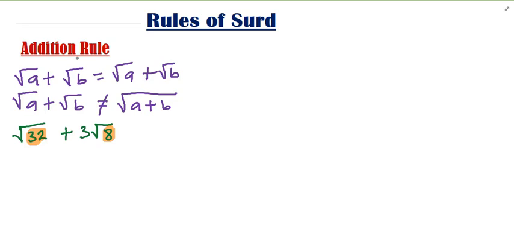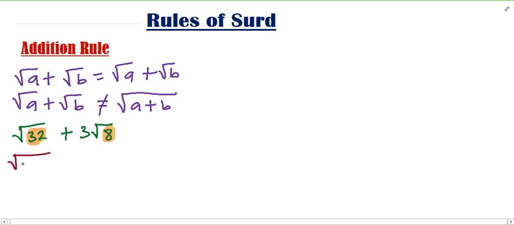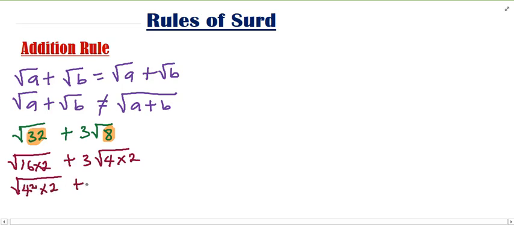So what two numbers will I multiply to give me 32? I think 16. So I have surd 16 times 2, plus 3 surd of 4 times 2, which is the same thing as 8. I can simply say surd of 4 to the power 2 times 2, plus 3 surd of 2 to the power 2 times 2.